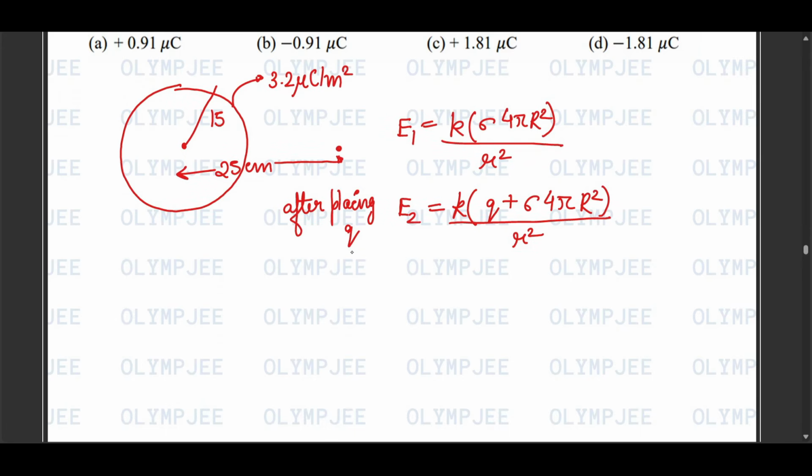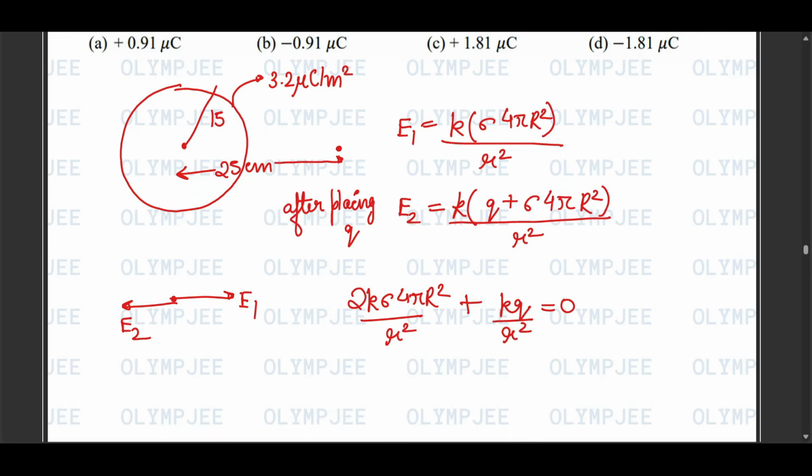So this will imply that, since E1 is in this direction and E2 I have assumed in this direction, so 2K sigma 4 pi r square by r square plus KQ by r square should be equal to 0.